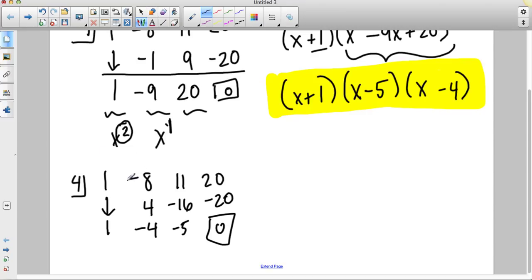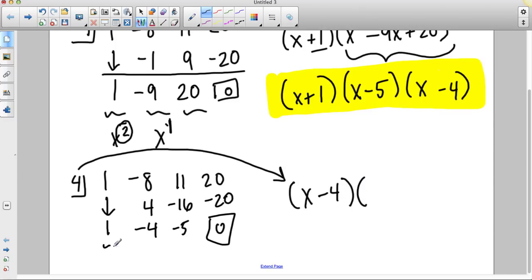I do because I went all the way back to the top. If I would have put in that 4 through that, I would not have. So what is that going to be? What's the 4 going to come out to be? X what? Minus 4. And then what does this become? X squared minus 4x minus 5. Are you with me? And then what would this factor to be?